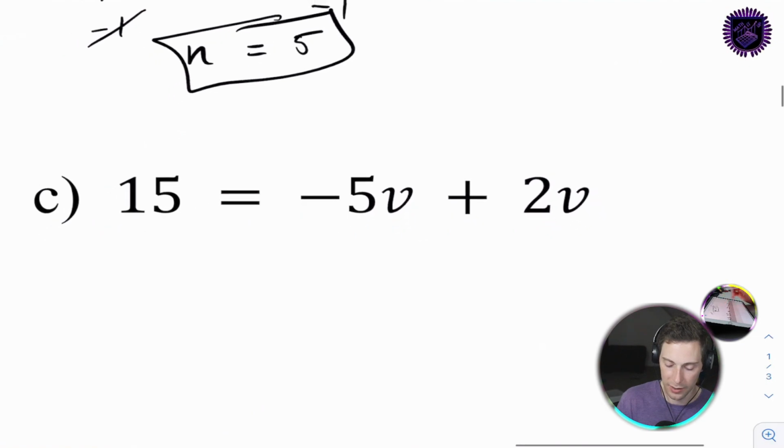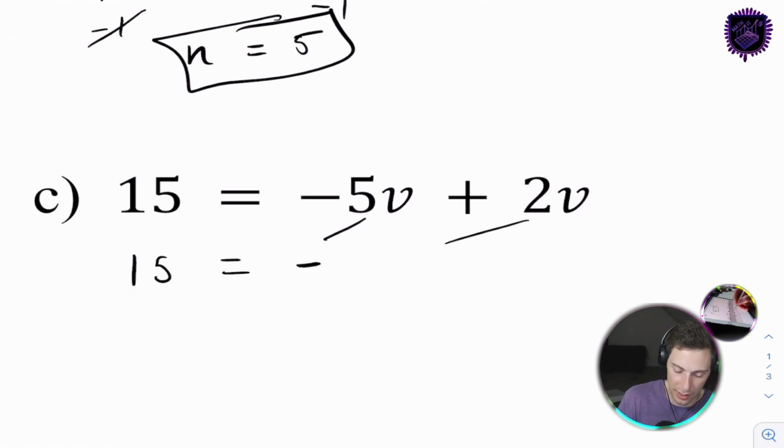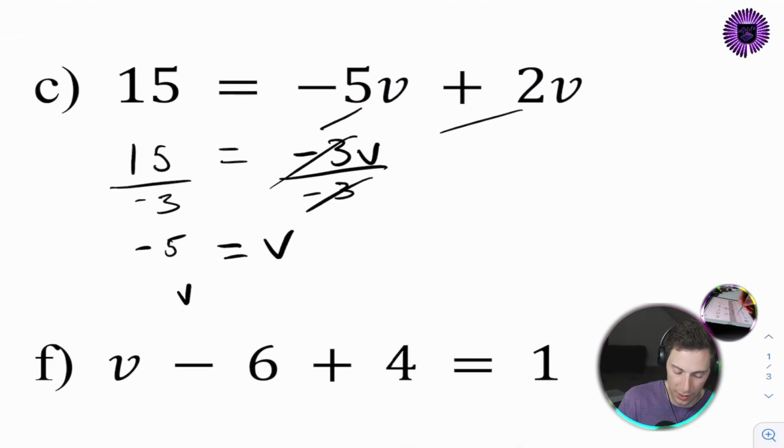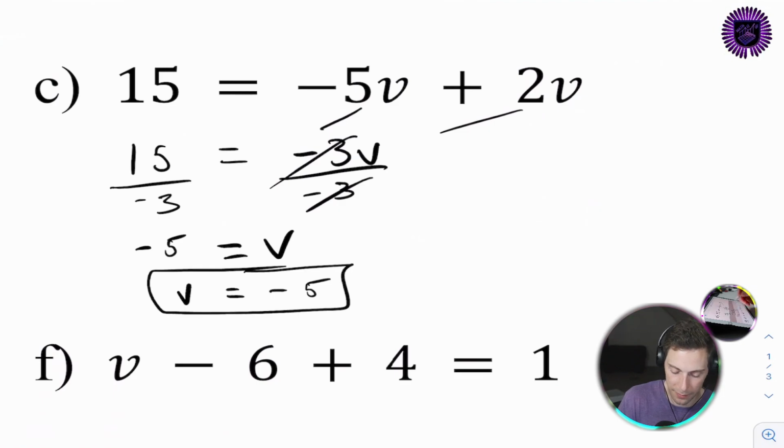Again, let's combine these like terms. 15 is equal to, we combine that together to get negative 3v. Divide both sides by negative 3 to get rid of our coefficient, and it leaves us with v is equal to negative 5. It's always good to write it out that way.